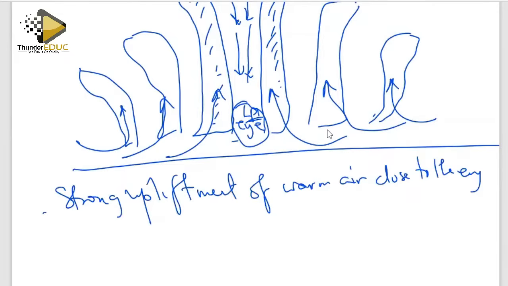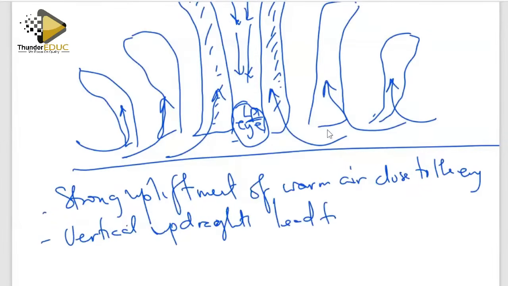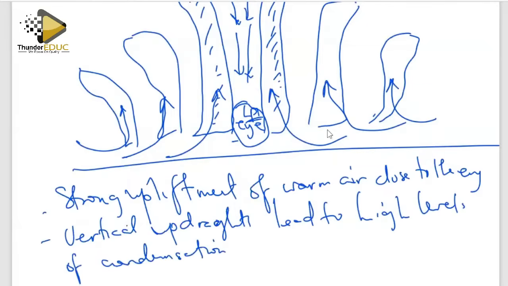There is strong vertical upliftment here around this area B. As a result, those vertical updrafts will lead to high levels of condensation, and that will create dense cumulonimbus clouds.